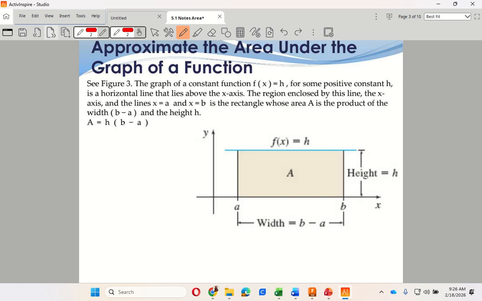So my area is the height times b minus a. Are we okay so far? My height is always the distance from the x-axis to my function, and my width is always b minus a.